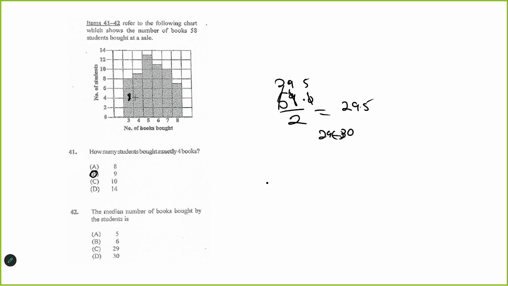This is 8, this is 4, this is 13, this here is 11, this here is 10, and this here is 7. So 8 and 4 is 12, 12 plus 13 is 25, 25 plus 11 is 36, so we know your 29th and your 30th score is at 5, so the answer is 5, right?